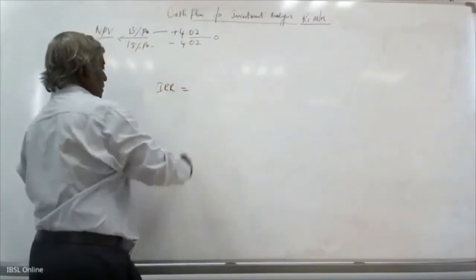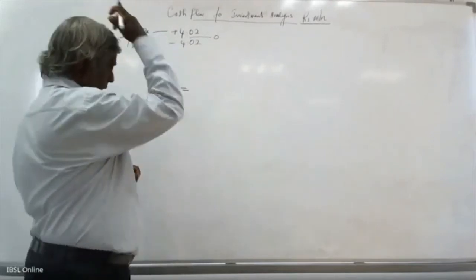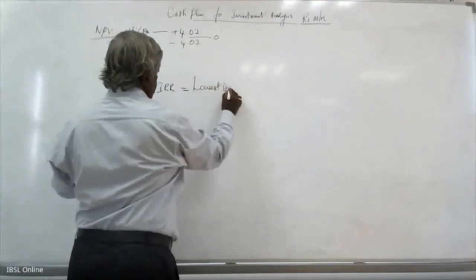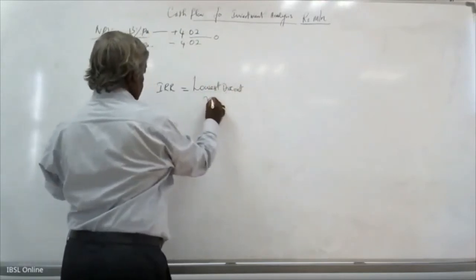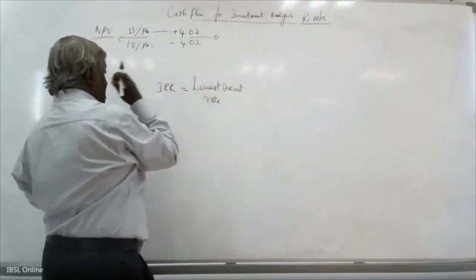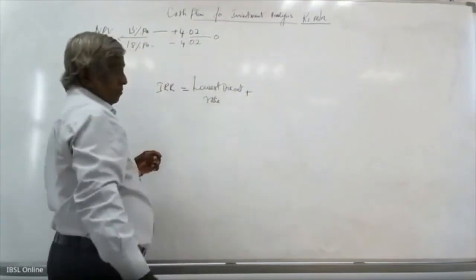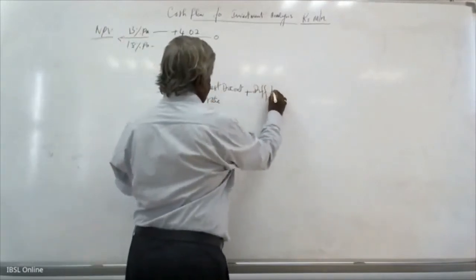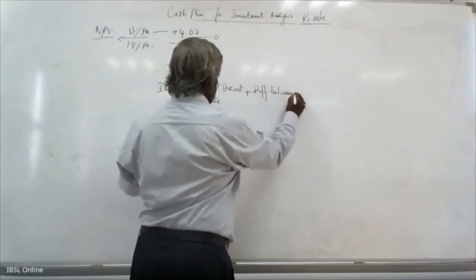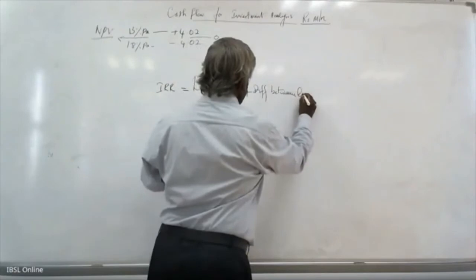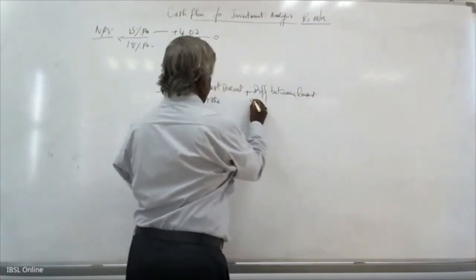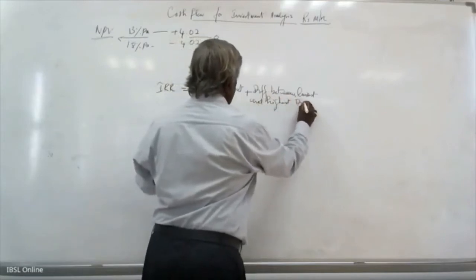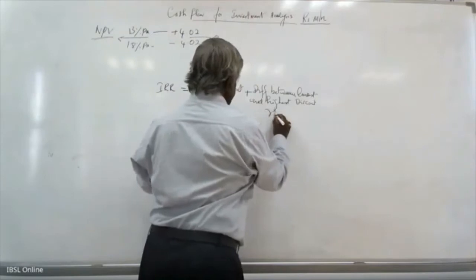IRR is equal to the lowest discount rate plus the difference between the lowest and highest discount rates.